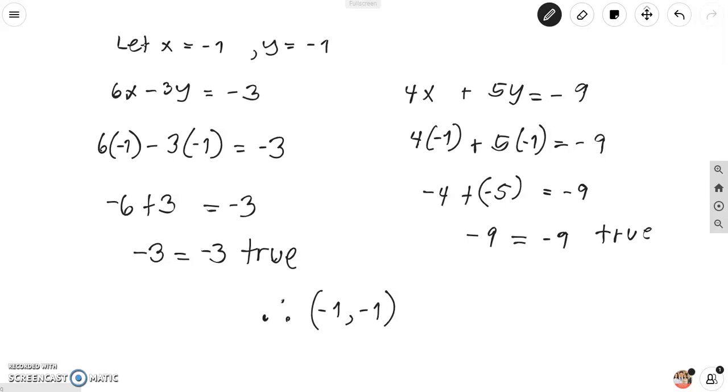Okay, another example. Let's say we have 2 over 3 x plus 1 over 4 y equals negative 3 over 2.